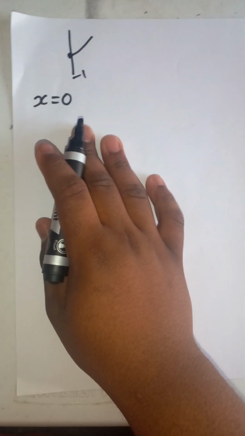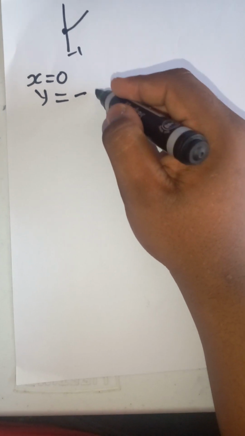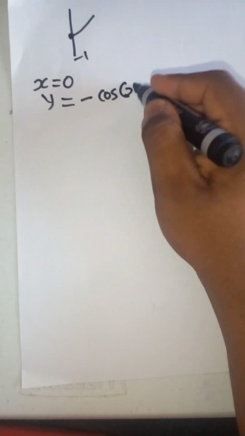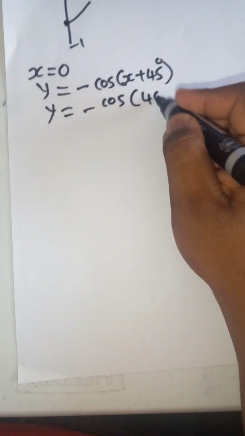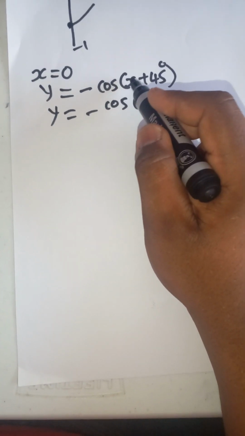Now we write my equation: y = negative cos(x + 45°). So y = negative cos 45°, because x was 0 there.